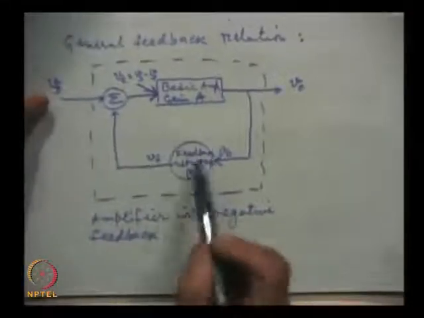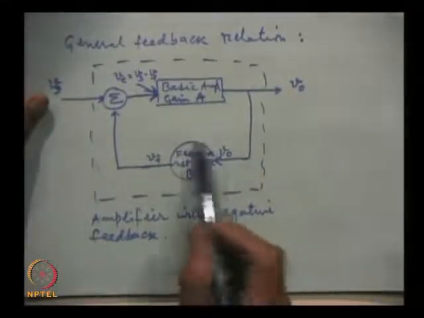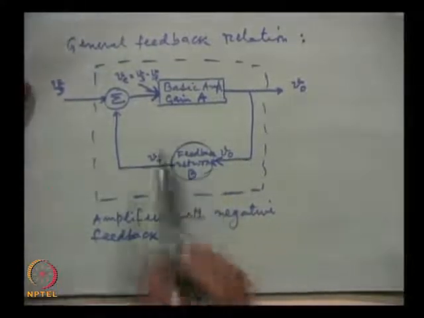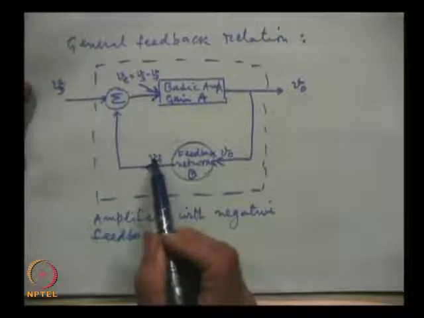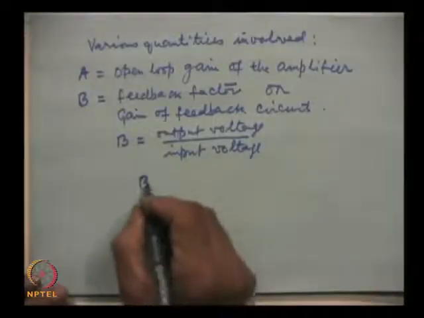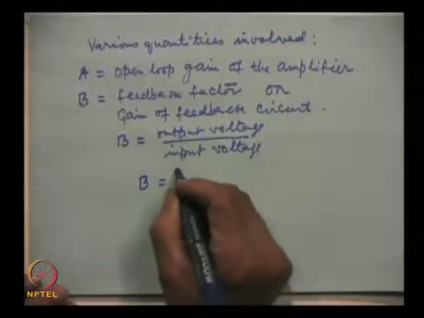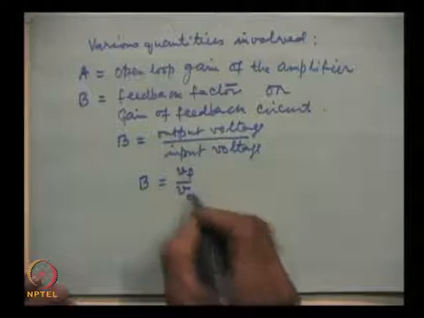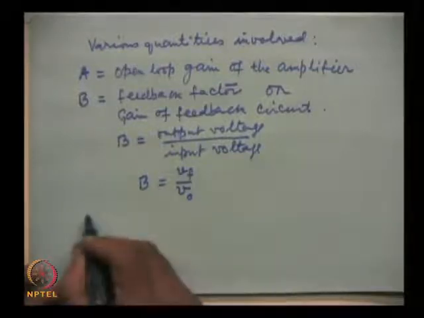Here V0 is the input to the feedback network, and the output is Vf. Therefore, B is equal to Vf by V0.